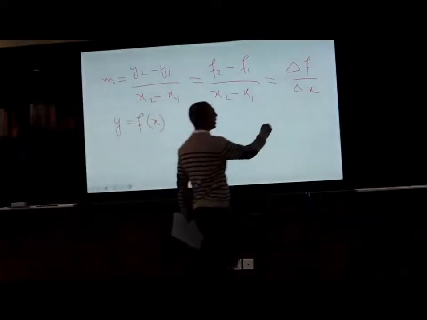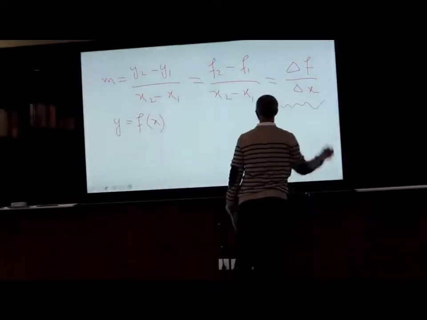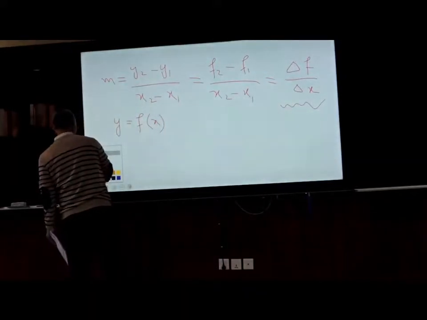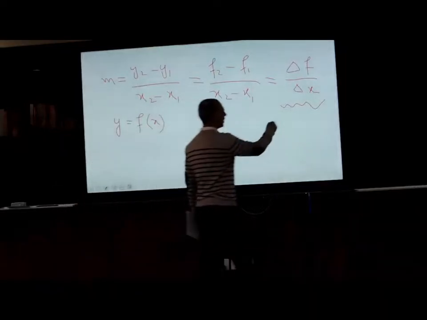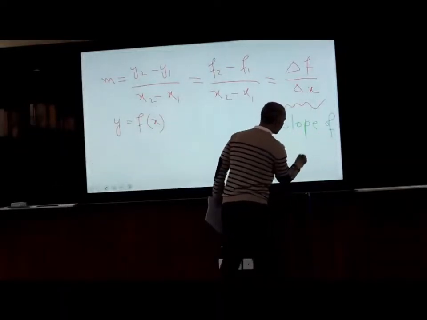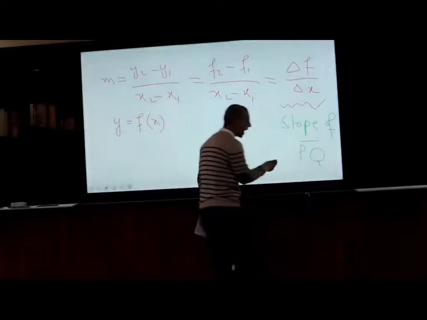This is telling the slope of the line PQ, rise over run.